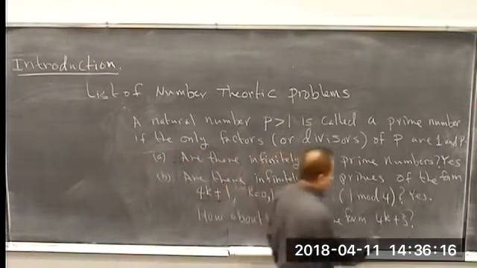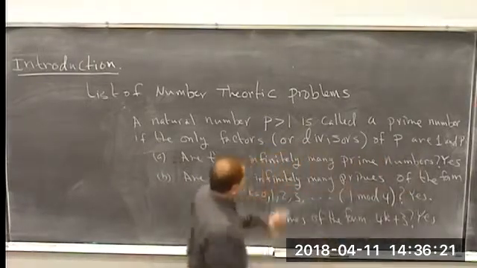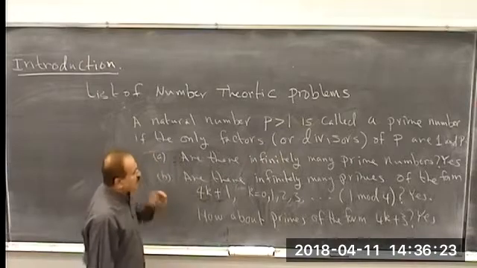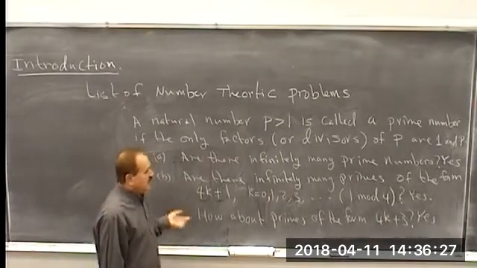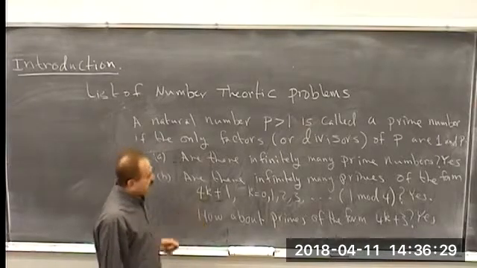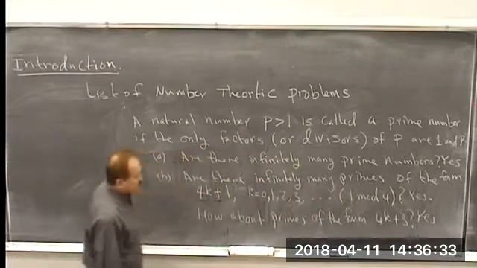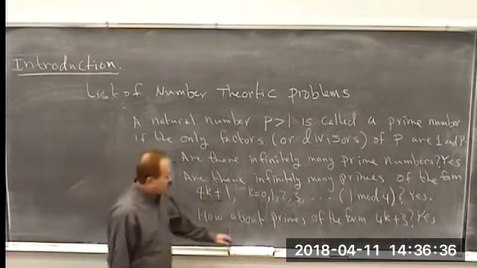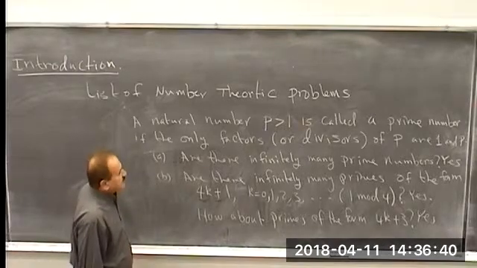And the answer is yes. The other numbers are 2 mod 4, which are multiples of 2, or 4k, that is 0 mod 4, which are multiples of 4, and none of these is a prime. All right, and again, we're going to see proofs of this.